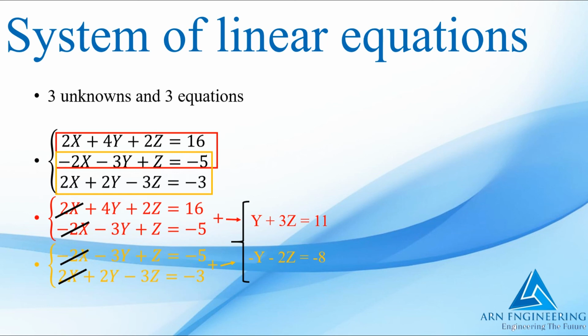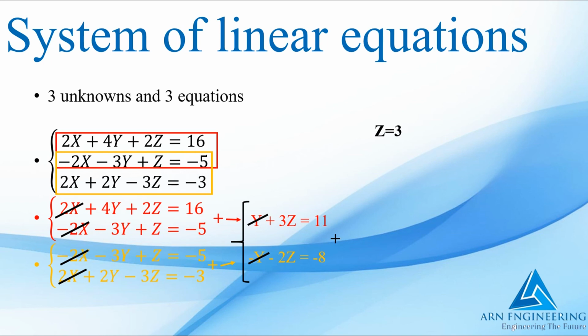So now we are familiar with solving two equations with two variables, and therefore we'll go through the process of adding these two equations. The y term cancels out, and if we look at the rest of the equation, we can clearly see that this will give us the z value being 3.